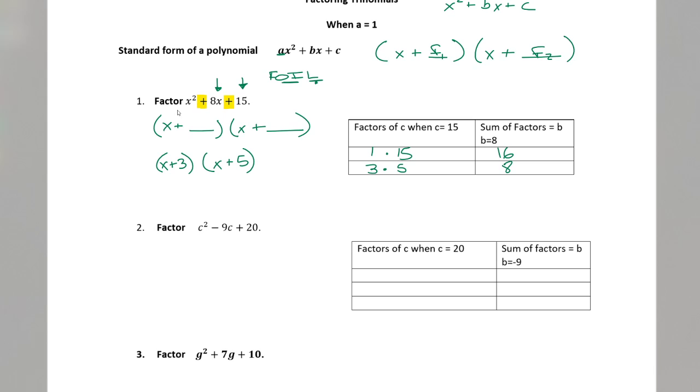So x times x, x squared, and then 3 times x, 3x, x times 5, 5x, 3 times 5, 15. 3x plus 5x is going to be 8x, so x squared plus 8x plus 15. Does this match up? It does, so our factors are good. So this would be our answer.